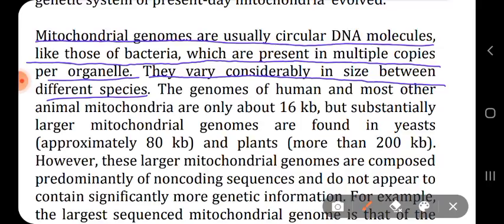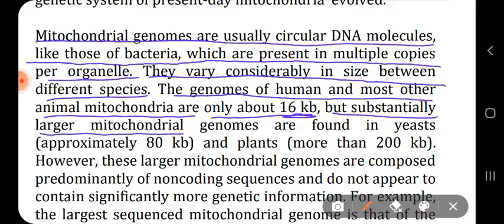Depending on the species, the genome size varies. The genome of human and most other animal mitochondria is only about 16 kb in size. Only 16 kilobases is observed in the human mitochondrial genome. But substantially larger mitochondrial genomes are found in yeast, approximately 80 kb, and in plants, more than 200 kb.